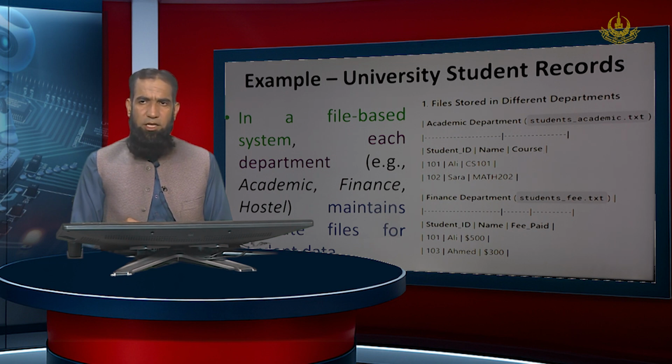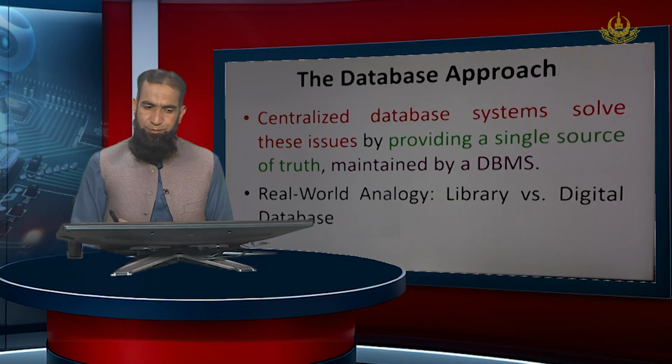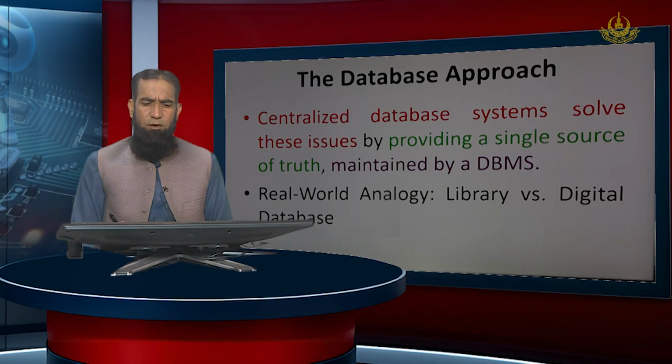If we want to correct them, we have to update at each place. That's a tough task for a user. The solution to all these problems is the database approach. In the database approach, a centralized system solves these problems by providing a single source of truth that is maintained by a database management system.